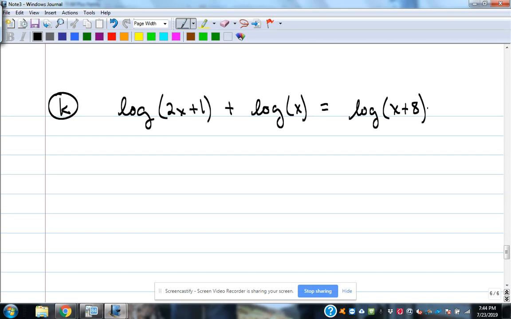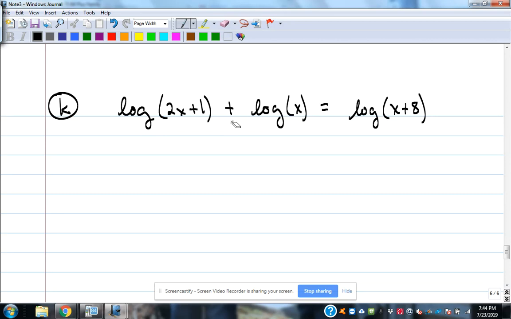So this one has logs all over the place. The key to this problem is the fact that the left-hand side has an addition between the two logs. And anytime you have multiple logs on the same side, you can condense them together and rewrite them as one single log using those log properties.